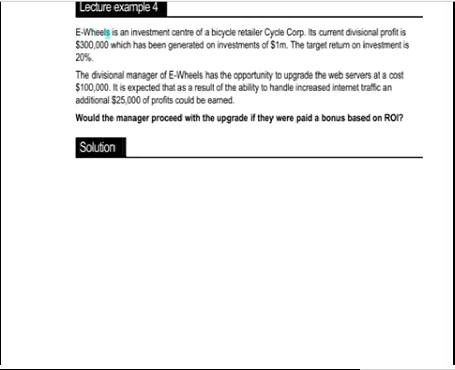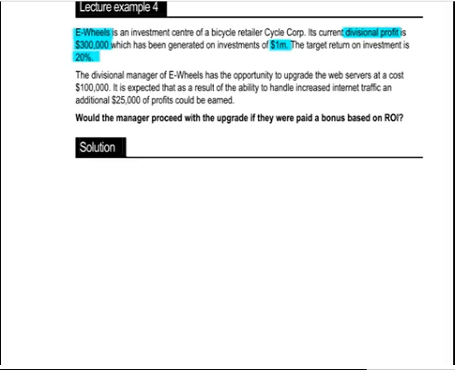Example 4 looks at eWheels, an investment centre for our bicycle retailer Cycle Corp. We're told the divisional profit as it stands is $300,000 and they have capital invested in eWheels of $1 million. We're also told that the target investment return is 20%.